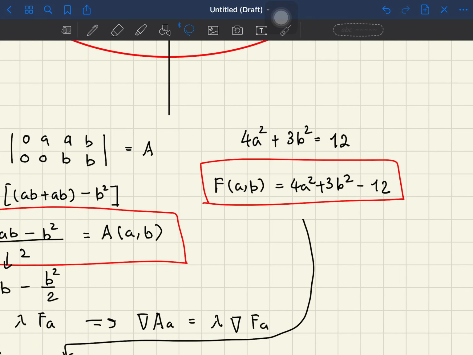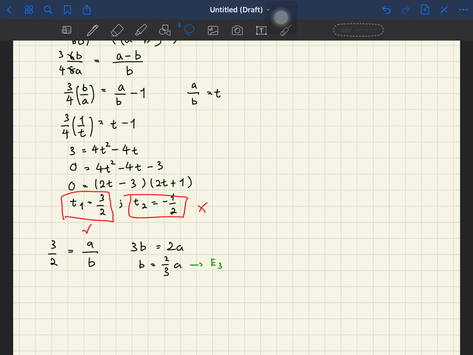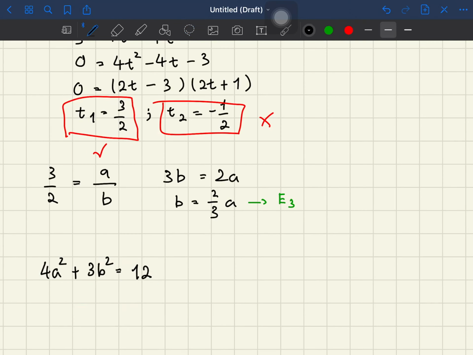So I copy this back. So I have here, which turns into 4A squared plus 3 times (2/3 A) squared equals 12.